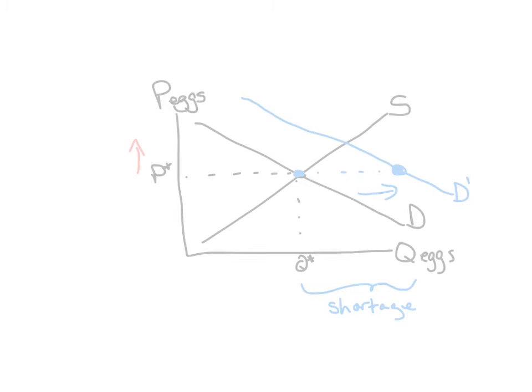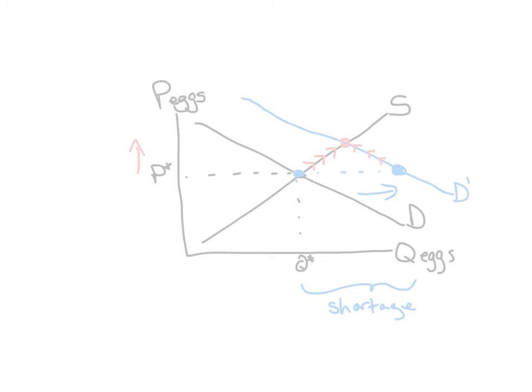And as that happens, some consumers will actually back off. We'll see a movement to the left along the new demand curve in response to the rising price. On the other side of the market, the producer side, we're going to see production increase in response to the rising price. So we'll have a movement along the supply curve.